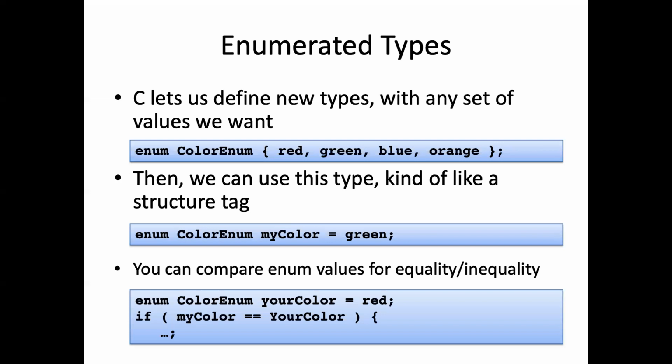You can compare 2 values of an enumerated type, and they will be equal if they have the same value. So here I made one that's got red as its value and one that's got green. If you compared those with equality like I'm doing down at the bottom, they would not be equal. So you can test for equality.